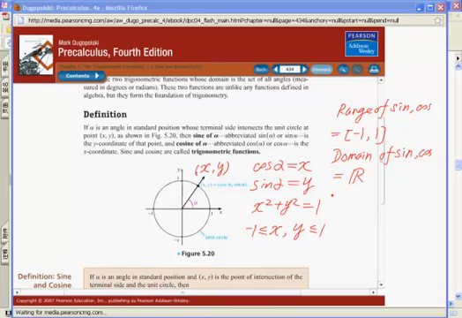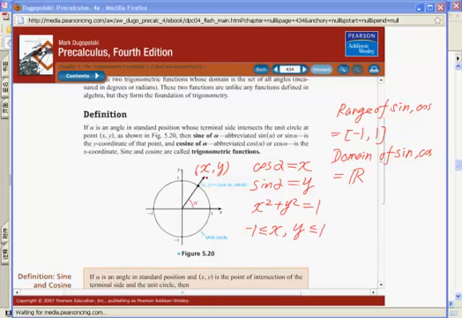Now, after we define the sine and cosine functions, let's see the sign, S-I-G-N, of the sine and cosine function in these 4 quadrants. Now tell me, in quadrant 1, what is the sign of the sine and cosine?